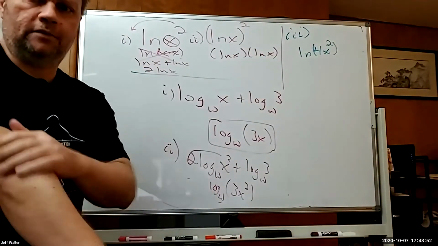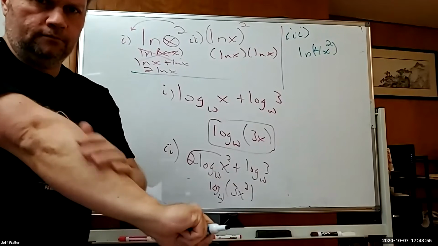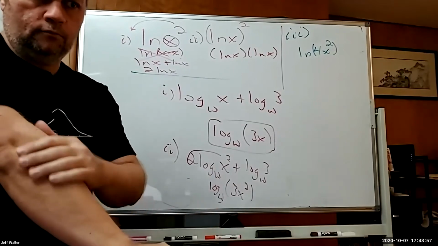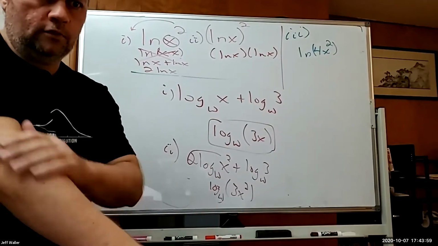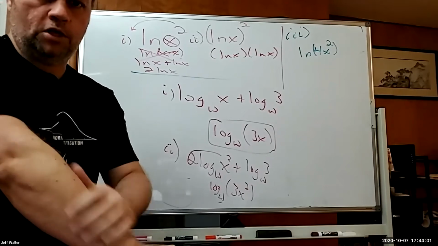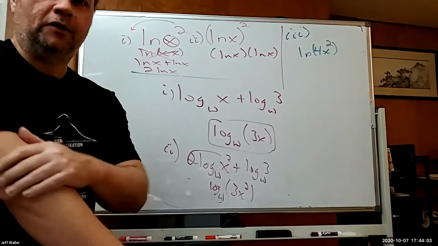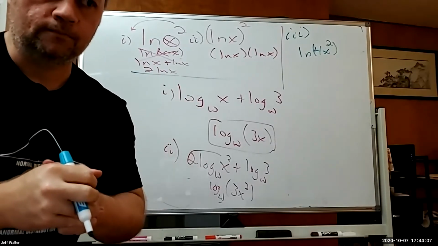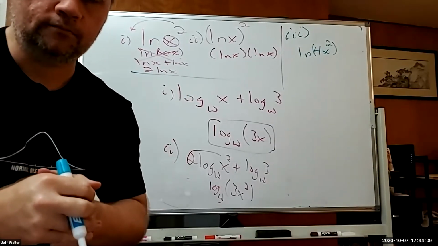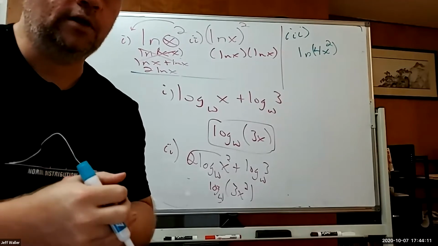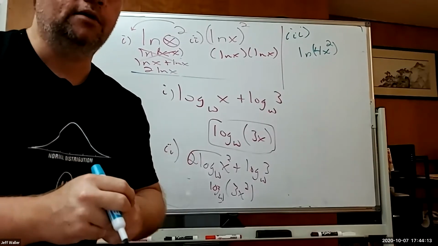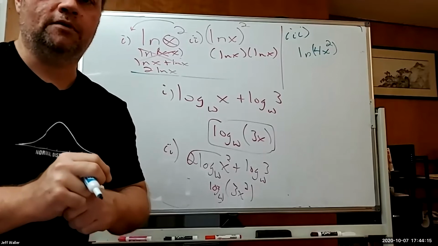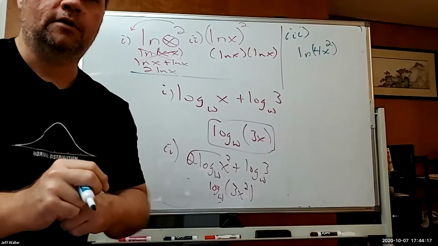I like this one. Can I take the 2 down? Yeah. No, not directly anyway. Is the entire argument being squared? Is the entire input? Yes. 4 squared by 2, or 2 squared.